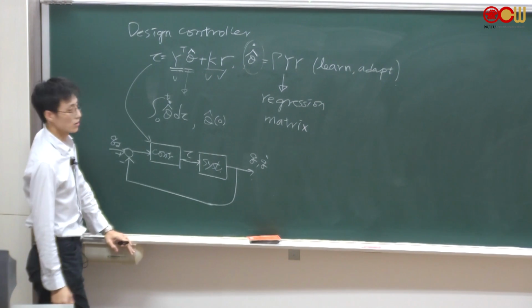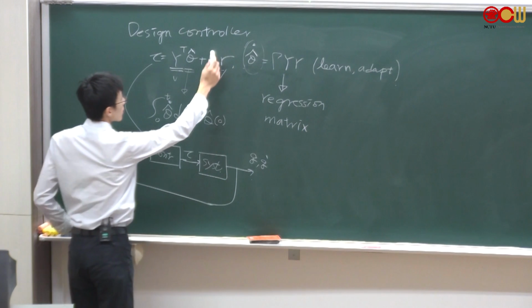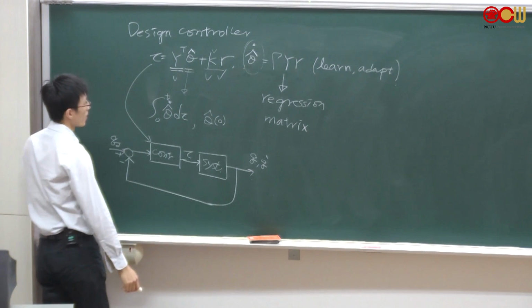to compute these two terms. So K R gain is the control gain you can select.